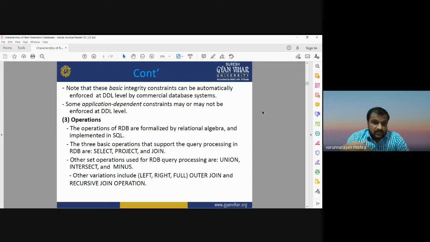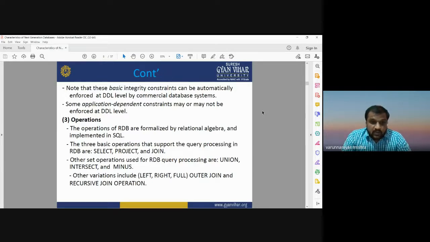Operations for a relational database management system are formalized by relational algebra, and it is implemented in the structured query language. In a relational database management system, there are three basic operators that can support any kind of query processing: select, project, and join.